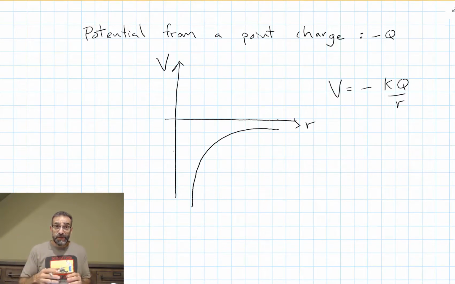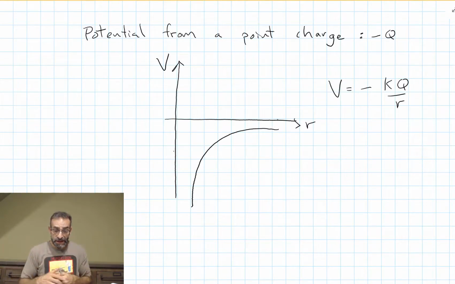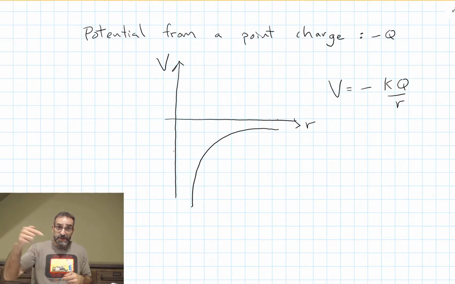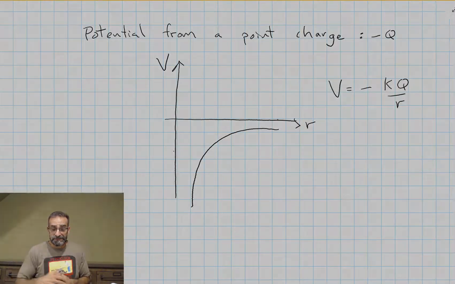The electric field always points toward lower electric potential. From a negative charge, the electric field points in from infinity to the charge. And as we move in from infinity toward the charge, the electric potential gets smaller and smaller, more and more negative. Electric potential is a scalar, so -5 is smaller than -3 is smaller than 0.